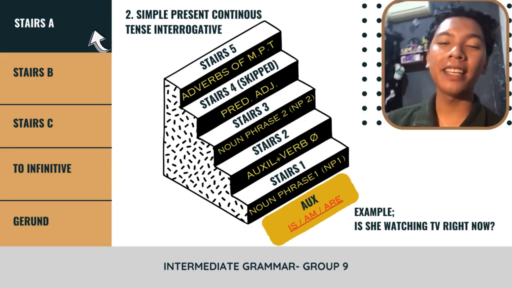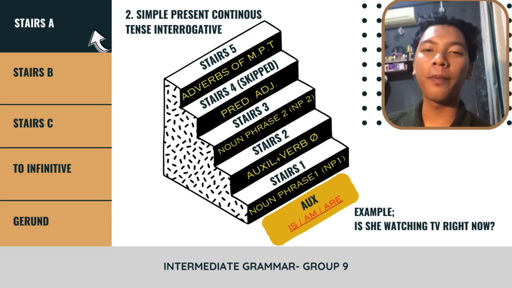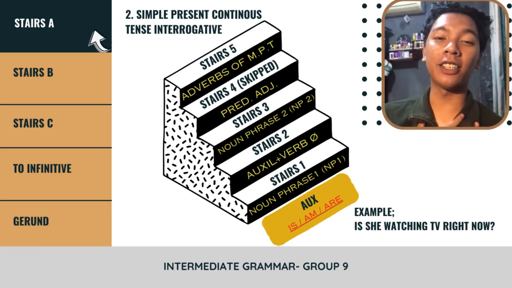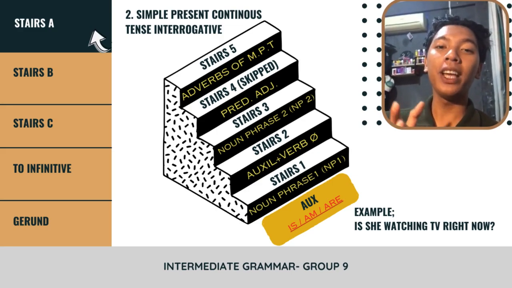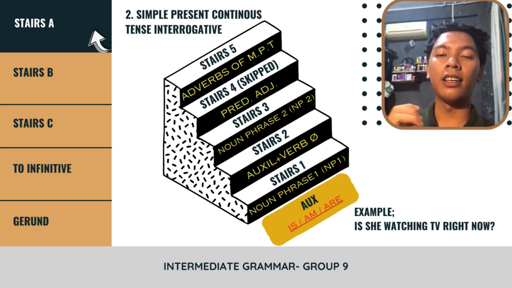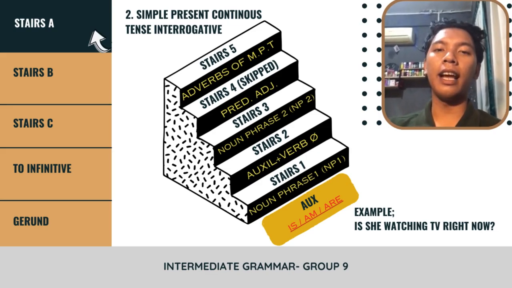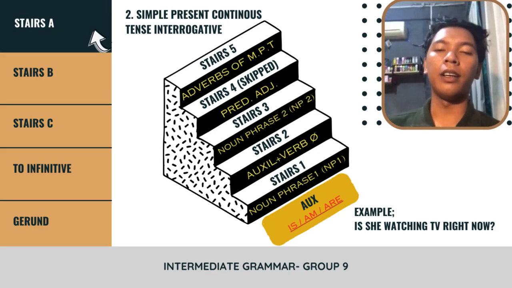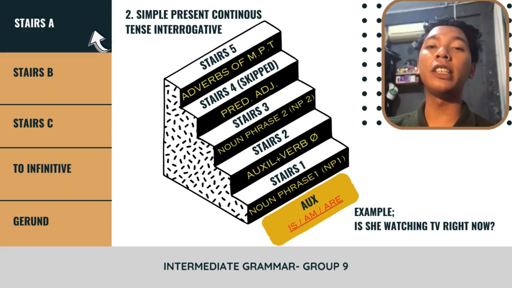Back again with me, simple present continuous in interrogative way. For simple present continuous tense in interrogative way, we ask the subject, like the example at the bottom. From the example, she is watching TV right now.